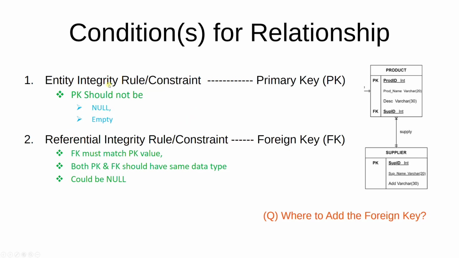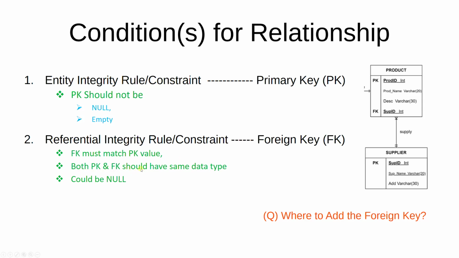Regarding the entity integrity constraint, the primary key value should neither be null nor empty. Regarding the referential integrity constraint, the condition is that the values must match each other during data entry.